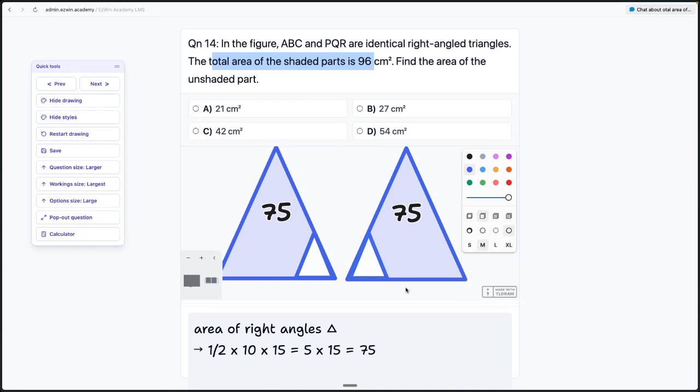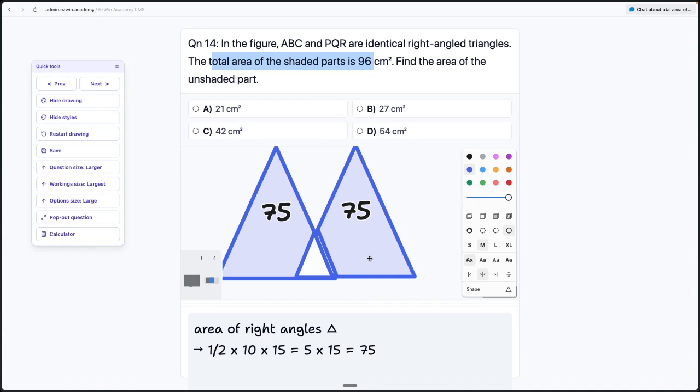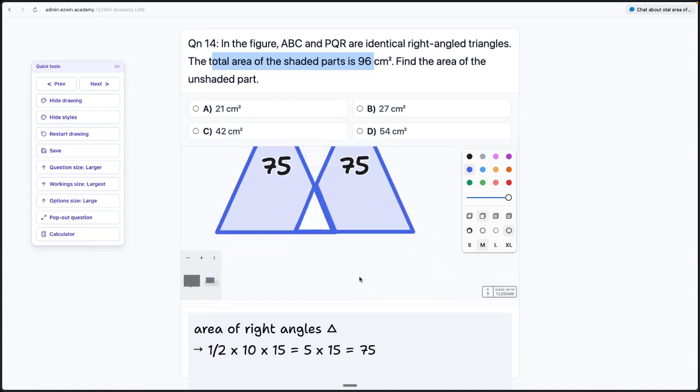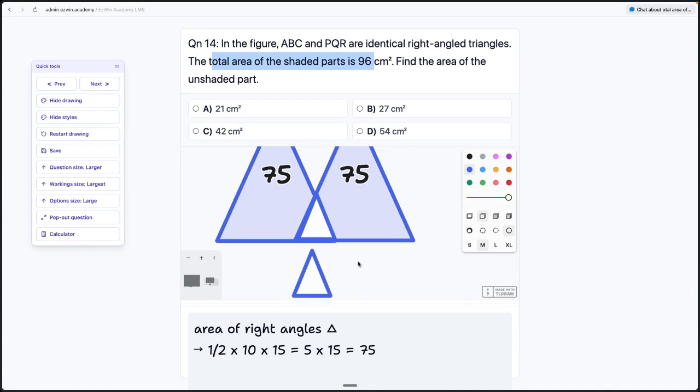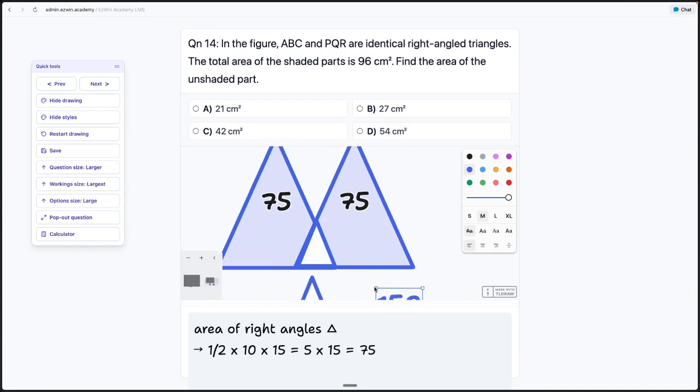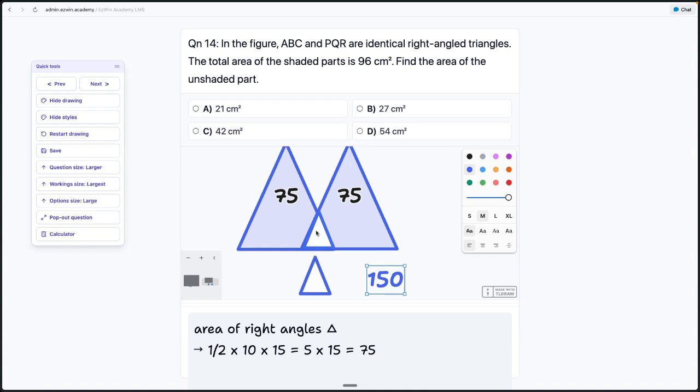And then if we were to overlap it, you could see that we are hiding one, but it actually gives us an excess of the unshaded part. That's what you see over here. So this total area is actually equal to 150, including the excess.